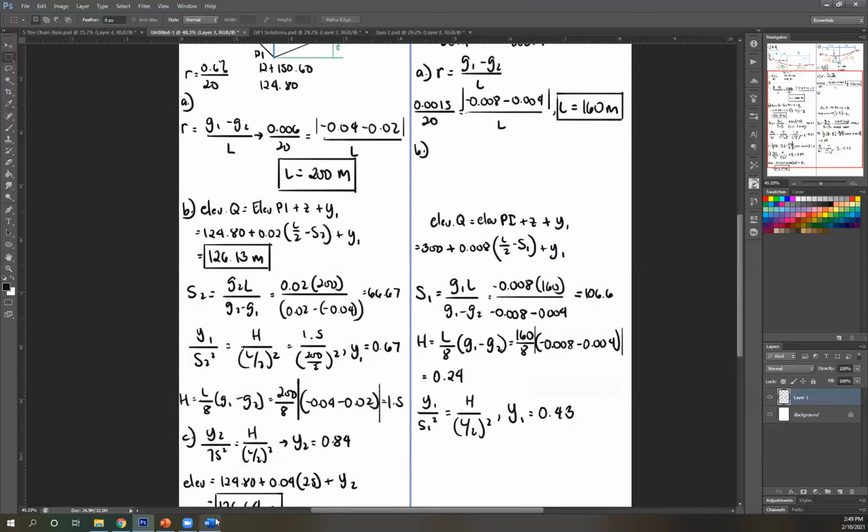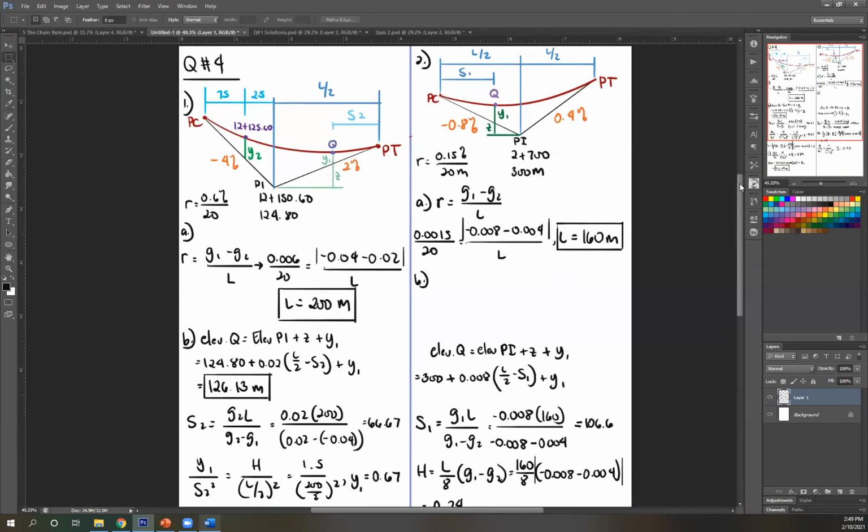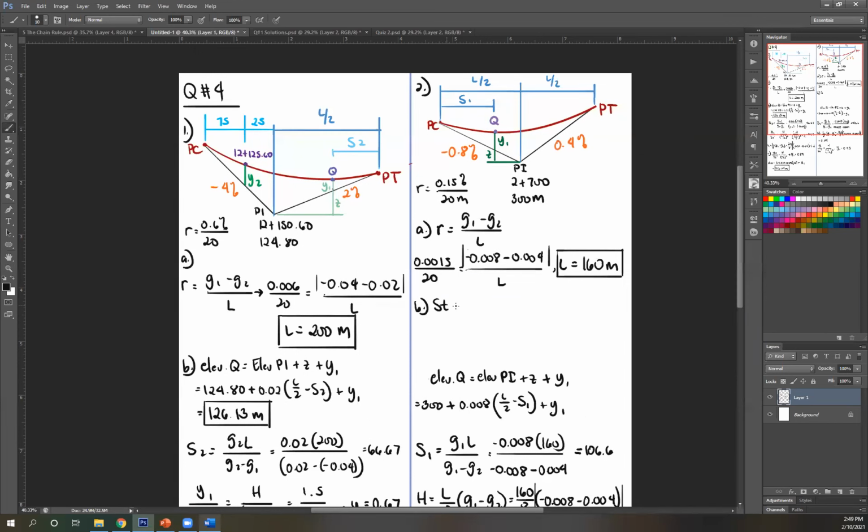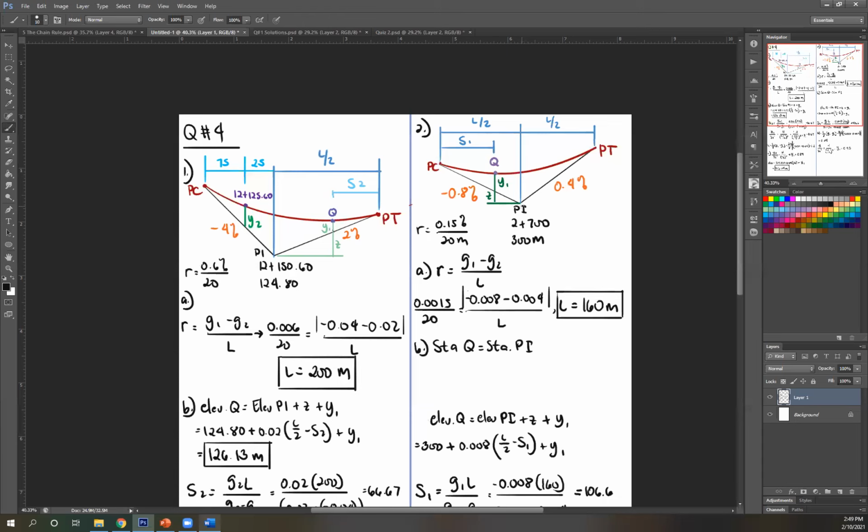Stationing of culvert. I want to know station Q. Okay. So station Q is just, again, we're going to work with what's given. So station PI minus, so from PI, minus L over 2, I'm going to get to PC. Then plus S1, I'm going to get to station Q. Minus L over 2 plus S1.